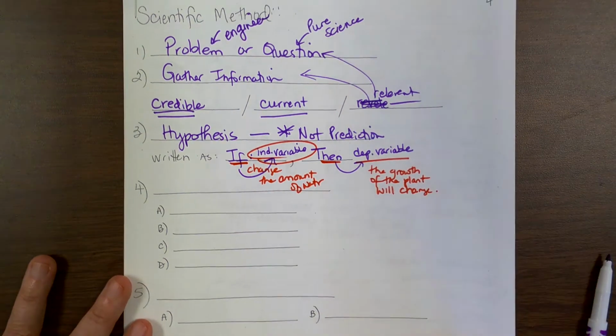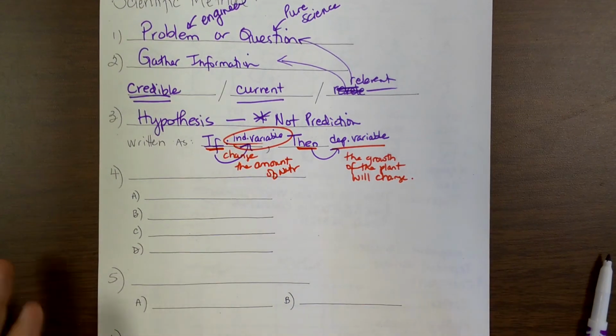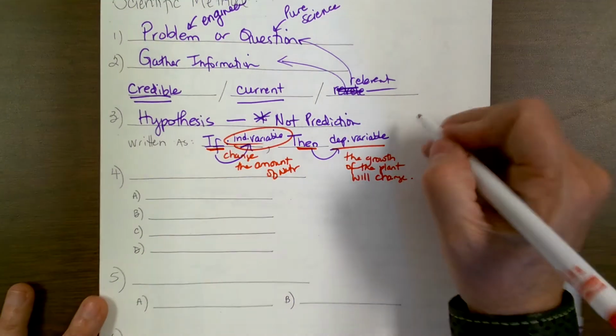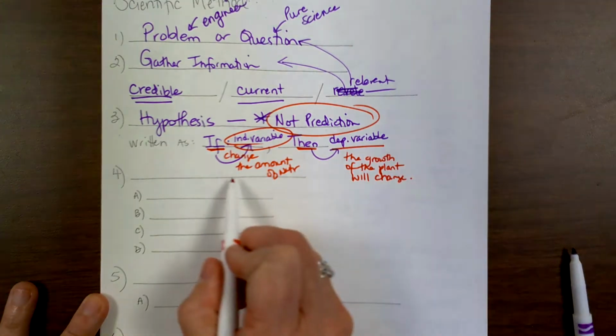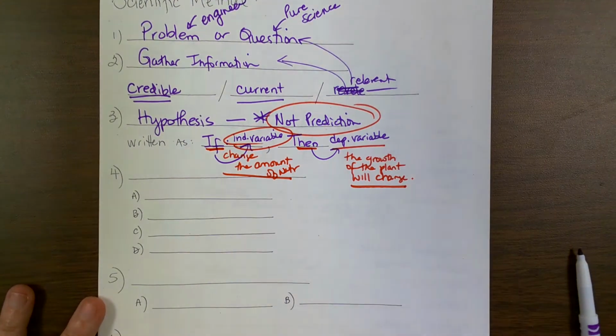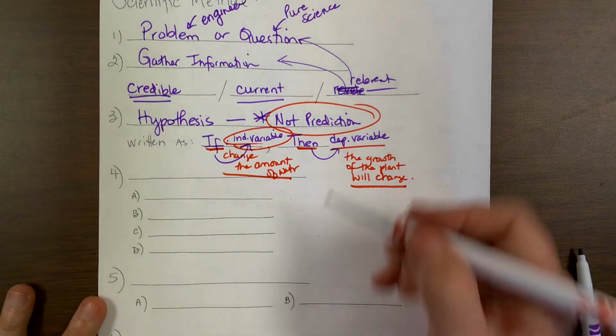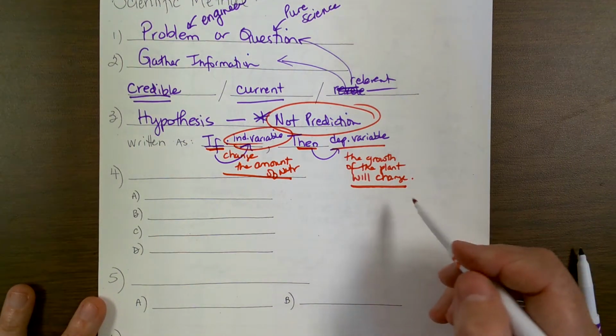Okay, notice I am not saying if it'll grow taller, more, there's no prediction. Okay, I'm just saying if I do this, then I will see a change in this. Okay, when you actually do your experiment, you'll be able to figure it out.